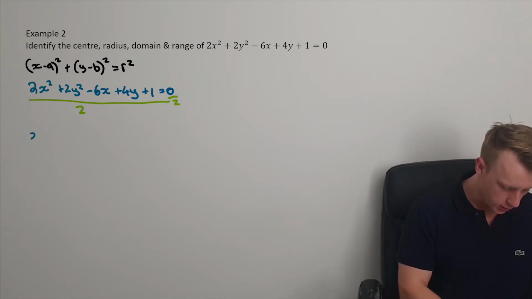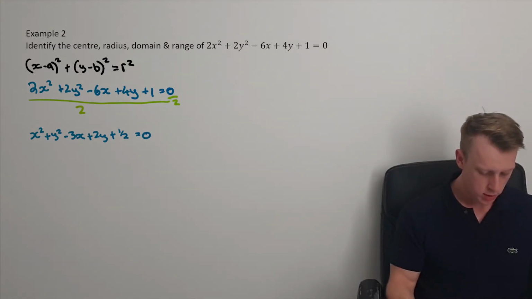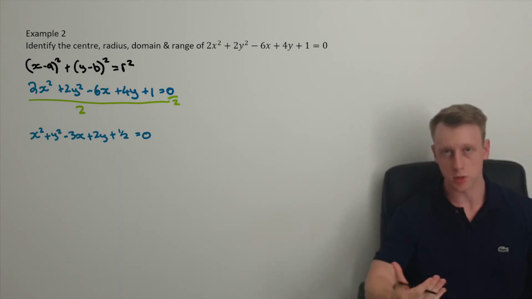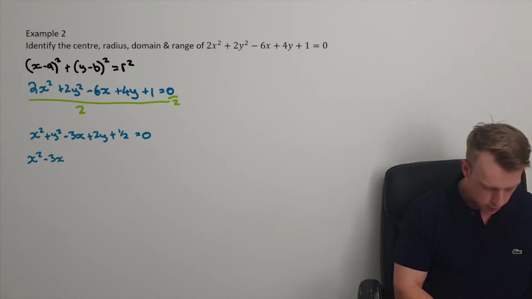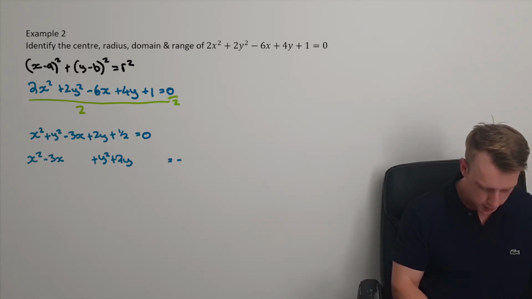And so when I do that, we'll get x squared plus y squared minus 3x plus 2y plus a half equals 0. Okay, and now I need to complete the square. So I'll put my x terms together, and then I'll put my y terms together, and I'll take this half and throw it on the other side of the equation.